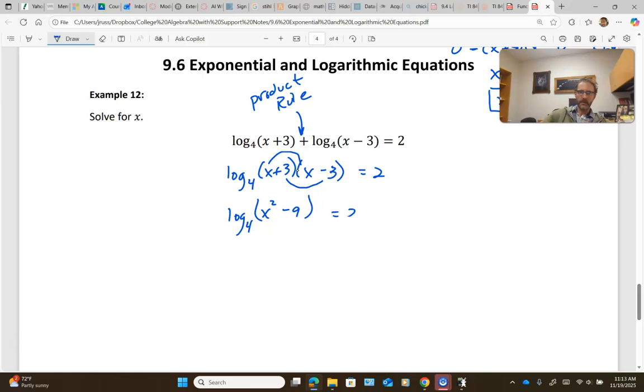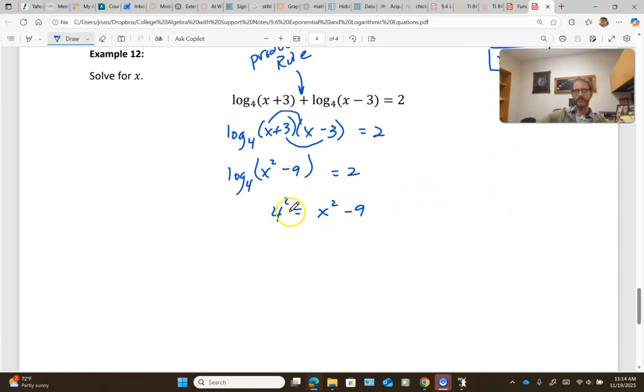So that is our argument. And now if I proceed to exponentiate here, this will become 4 to the second power is equal to x squared minus 9. And interestingly, again, this is another quadratic equation, isn't it? Well, here, 4 to the second power, that is 16.